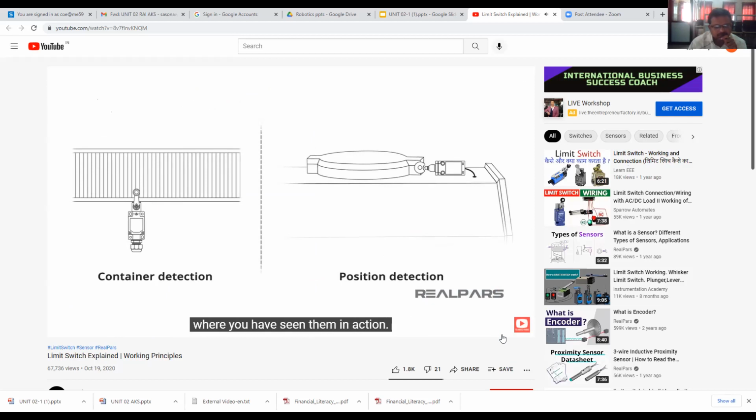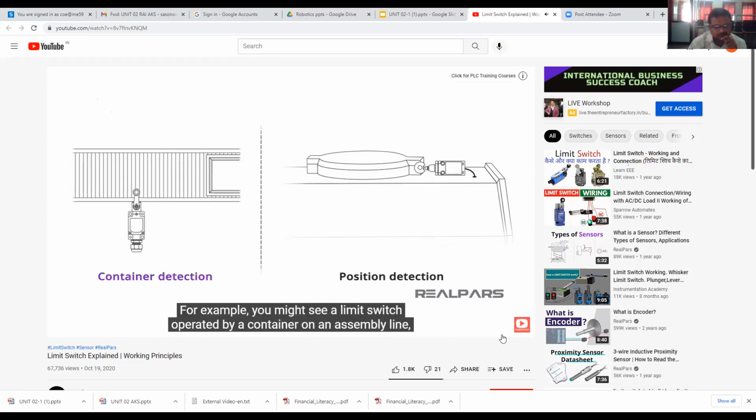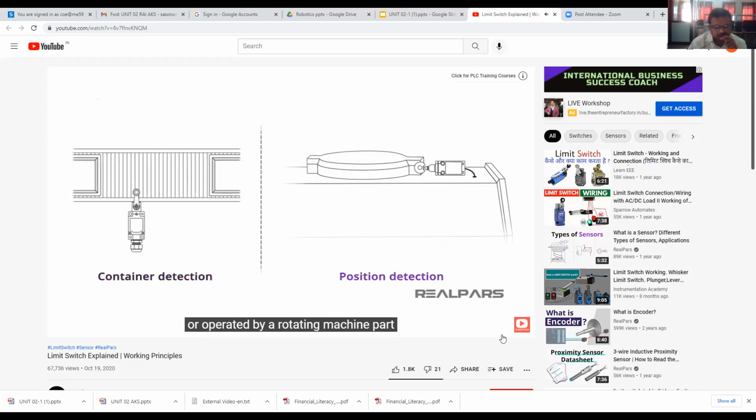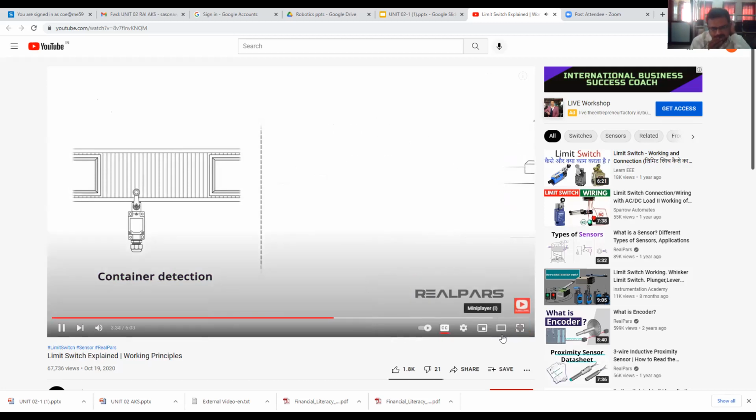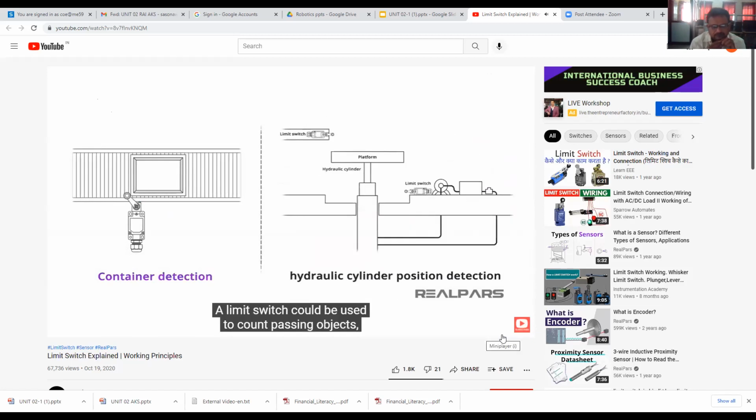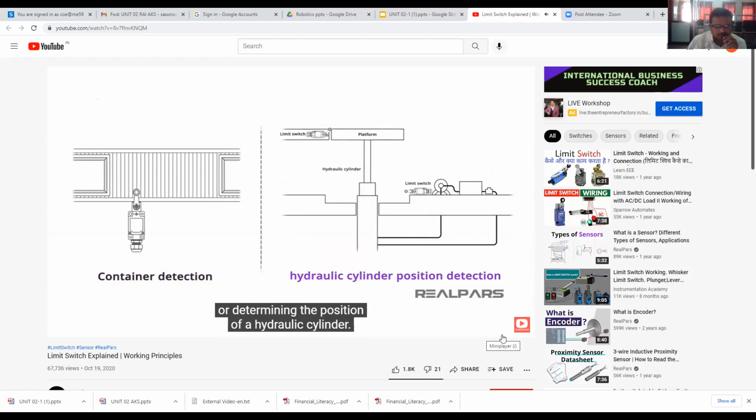For example, you might see a limit switch operated by a container on an assembly line, or operated by a rotating machine part, or by any number of other moving mechanical objects. A limit switch could be used to count passing objects, or determine the position of a hydraulic cylinder.